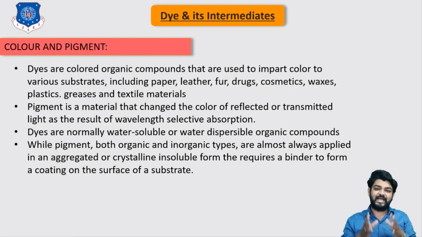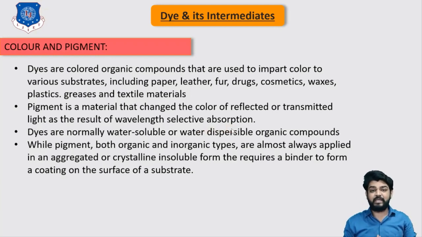So basically dyes are the compounds used to impart color on different components or substances. Now pigments are materials that can change the color of reflected or transmitted light, as a result of wavelength being selectively absorbed.